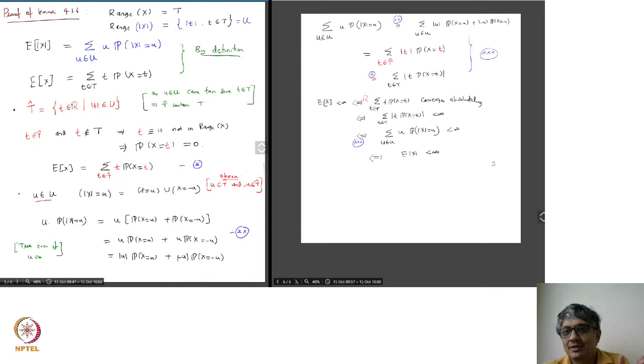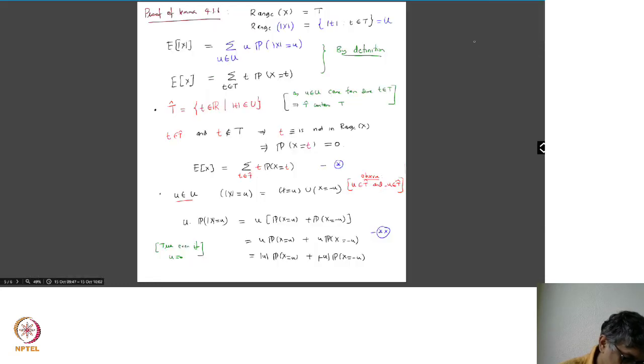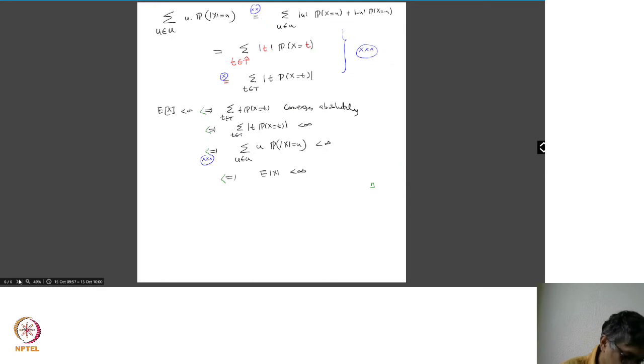So if the sum converges absolutely, then what did I write R here? R came here also. Let me just remove the R. Okay, we'll come back and remove the R. So if we remove this R, there's no R here.